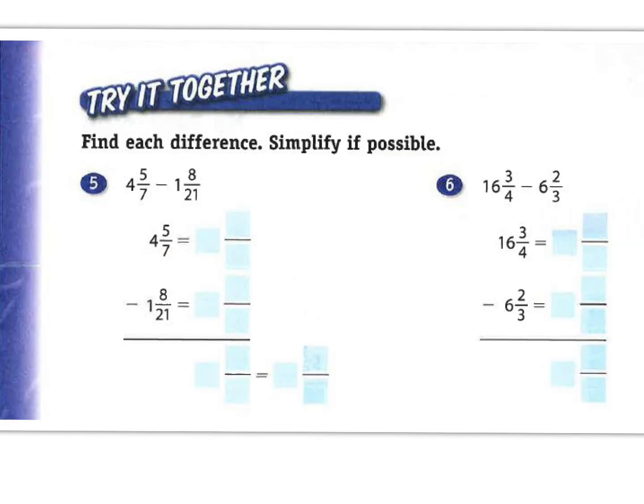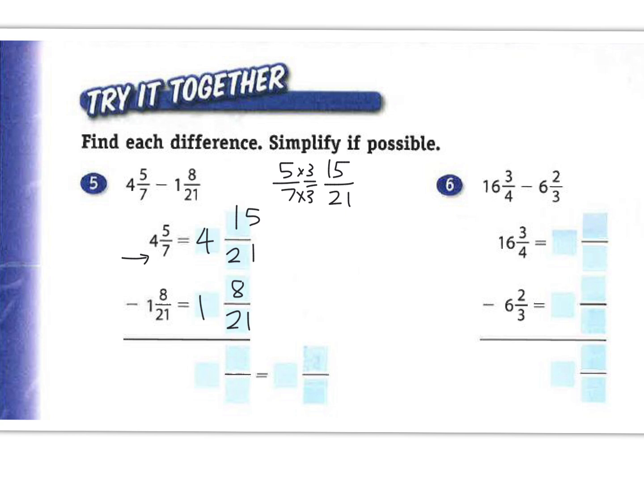This says, find each difference, simplify if possible. 4 5/7 minus 1 8/21. This is why we need to know our multiples. We know that 7 goes into 21. So we're going to keep the 21sts, and we're going to change the 7ths. So 5/7 equals something over 21. 7 times 3, 5 times 3 is 15, so 15 over 21.